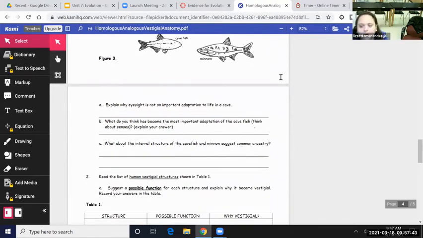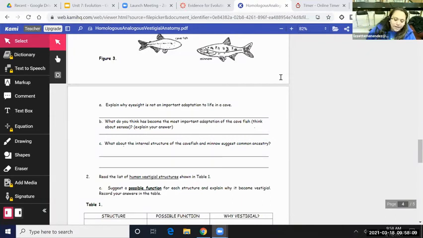So for the questions that go along with that, explain why eyesight is not an important adaptation to life in a cave. So why do you think in a cave you don't need to see? For B, what do you think has become the most important adaptation of a cave fish? So think about your senses. If you lose your eyesight, what else is going to need to be good, right?